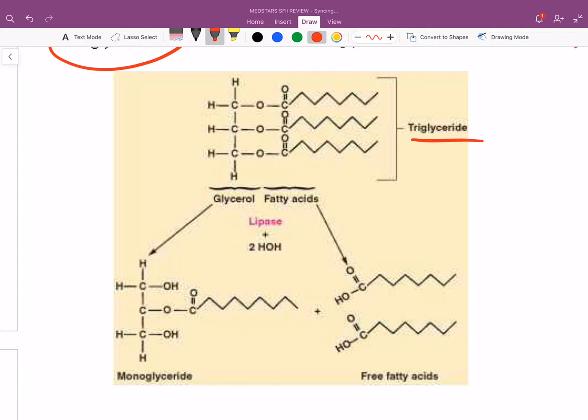You have the triglyceride, you have the 3 carbon backbone. The pancreatic lipase acts on it using water, and you get the 2-monoglyceride, 2 for the second carbon, and then you get a total of 2 free fatty acids.